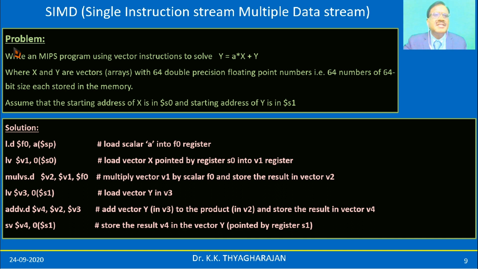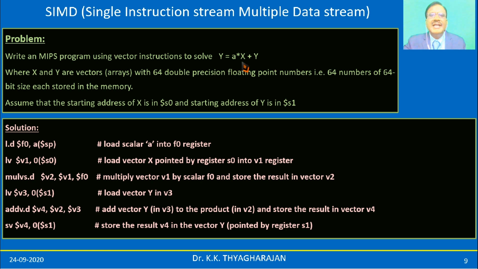Now let us see how to write a MIPS program using SIMD vector architecture. You see this problem, that is Y = a * X + Y. Here X is a vector and Y is also a vector.